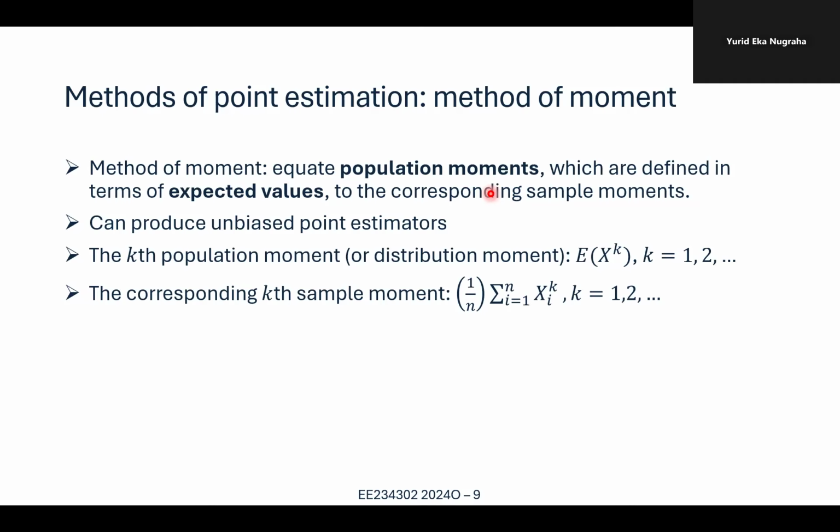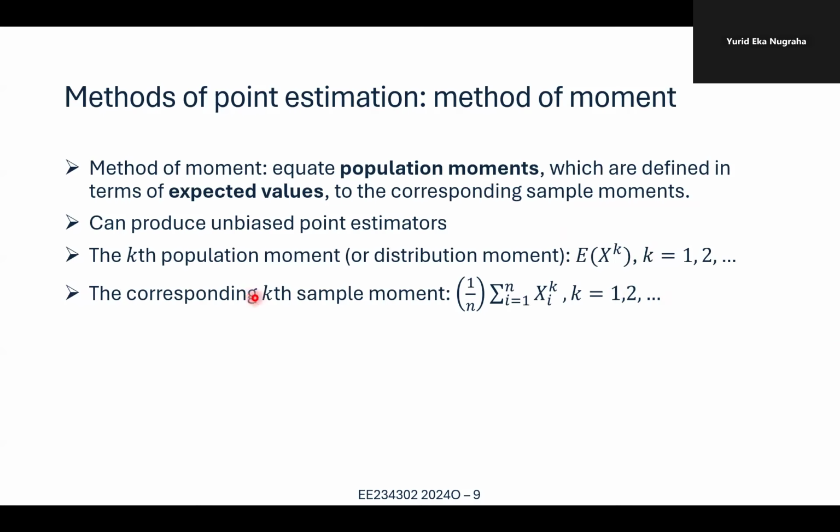The kth population moment is defined as E of X to the power of k, where k is 1, 2, and so on.